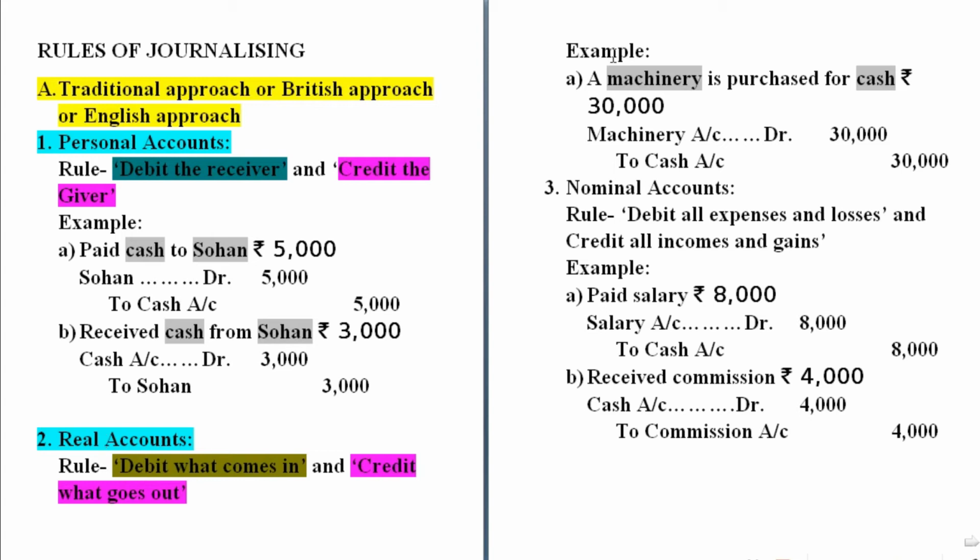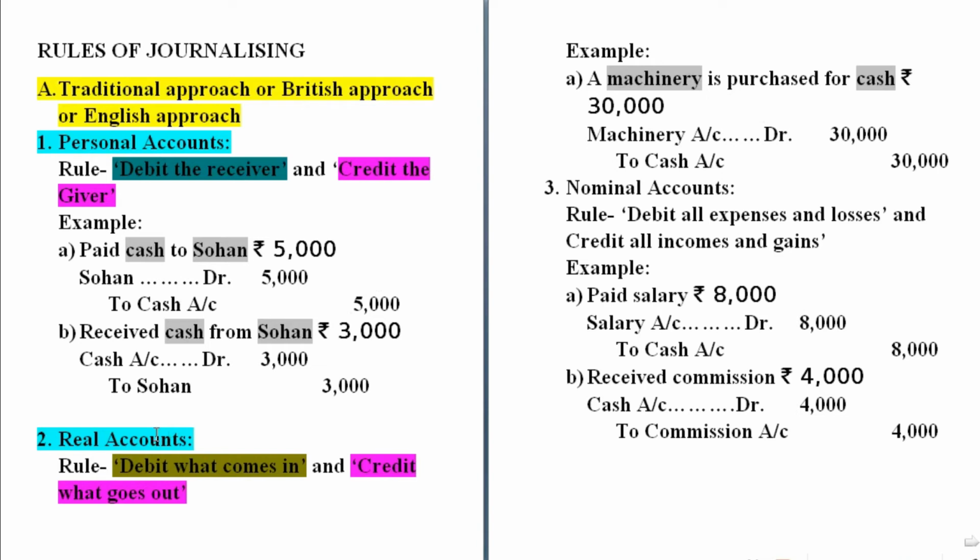Okay, so what does the rule say? Debit what comes in. Now students, when we are purchasing machinery, machinery is coming in our business. Okay, so we are debiting the machinery account. Why? Because machinery is a real account.